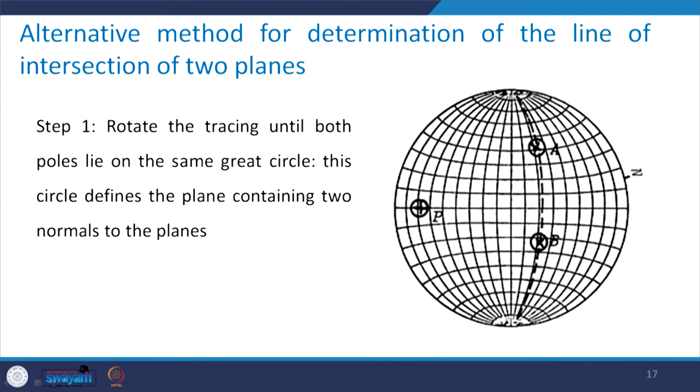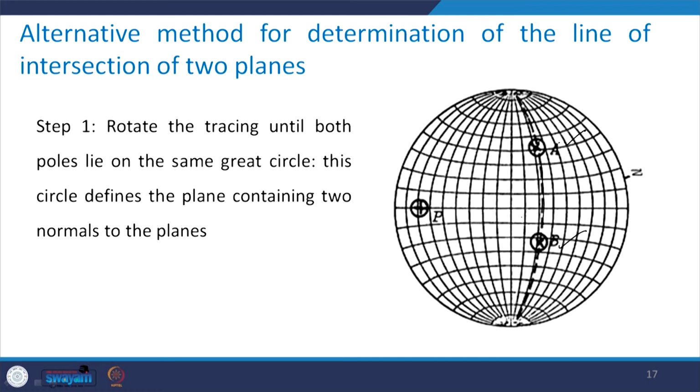Then, following the same procedure as we did in the previous problem, we rotate the tracing sheet in such a manner that these two poles, which are A and B, lie on the same great circle. This great circle, which has been drawn here by this dotted line, will define the plane which contains the normals to these two planes, that is A and B, because a pole represents the normal to that plane.